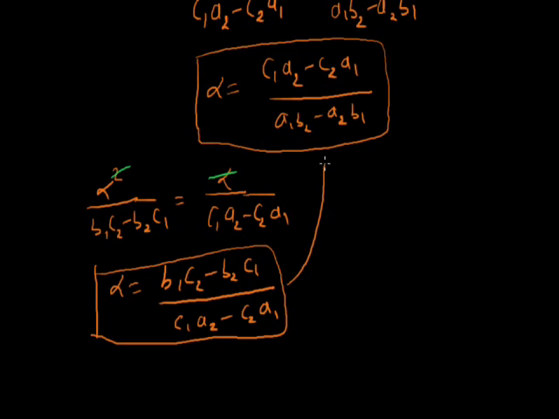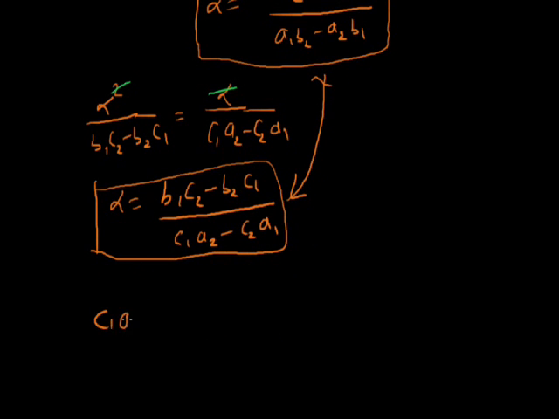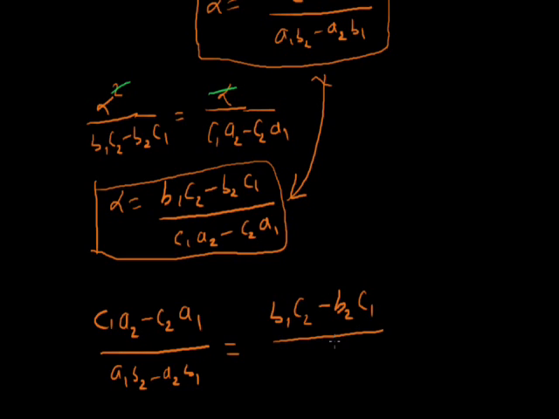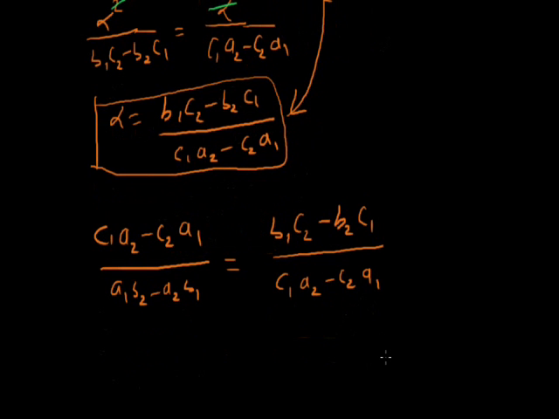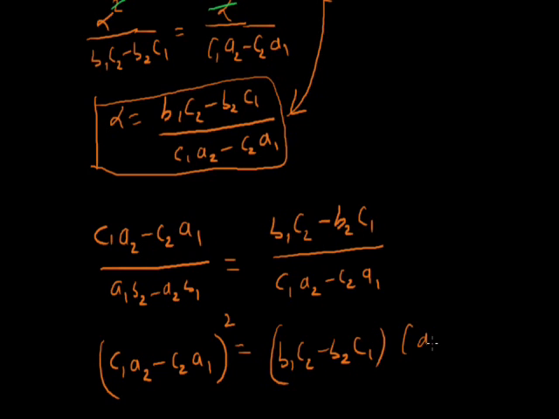Now I equate these two equations, so I get c1 a2 minus c2 a1 upon a1 b2 minus a2 b1 is equal to b1 c2 minus b2 c1 divided by c1 a2 minus c2 a1. जब इसको क्रॉस मल्टीप्लाई करेंगे तो we get c1 a2 minus c2 a1 का whole square, which is equal to b1 c2 minus b2 c1 multiplied with a1 b2 minus a2 b1.